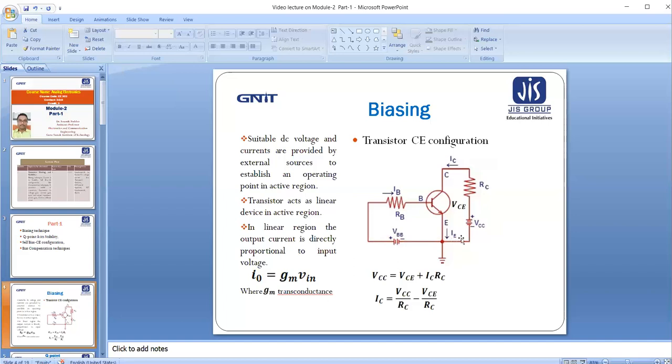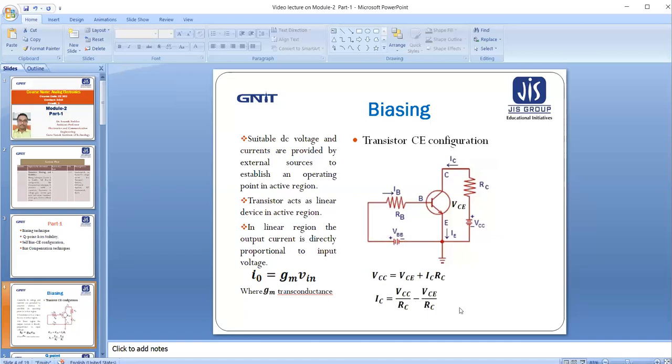Now, if we apply Kirchhoff's voltage law, the KVL, to the output loop, that is the collector to emitter, it is VCC minus ICRC minus VCE equals 0, or it can be written as VCC equals VCE plus ICRC. So IC can be written as VCC by RC minus VCE by RC.